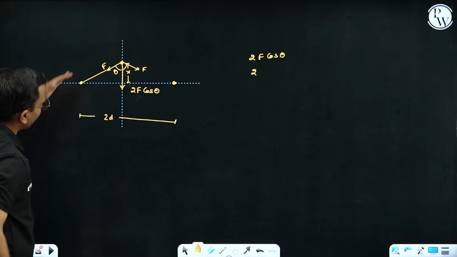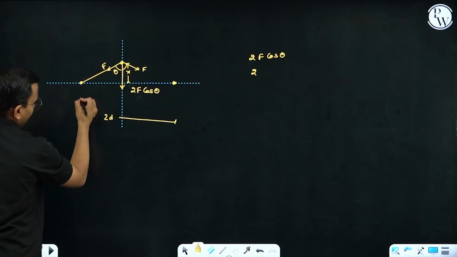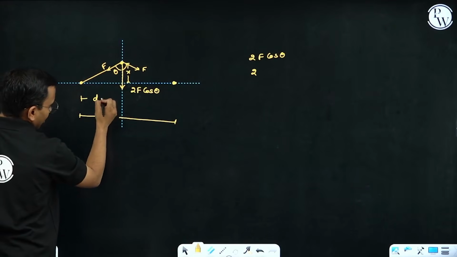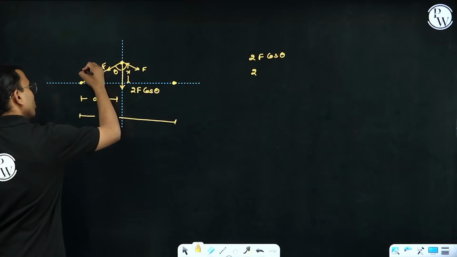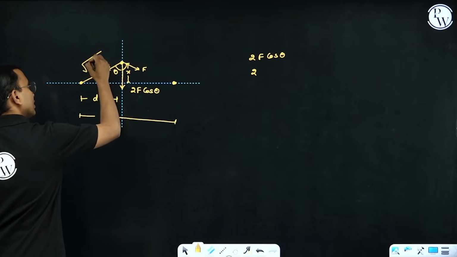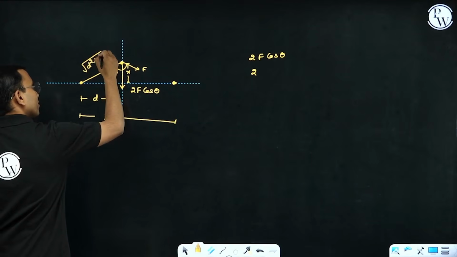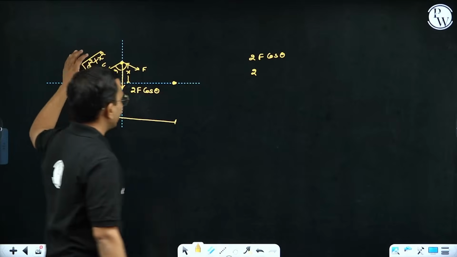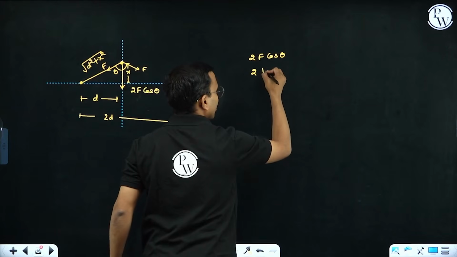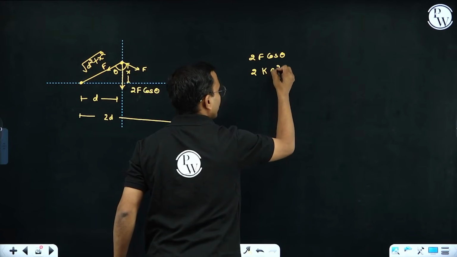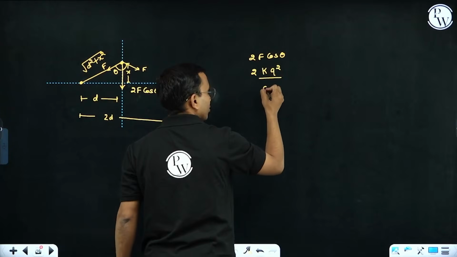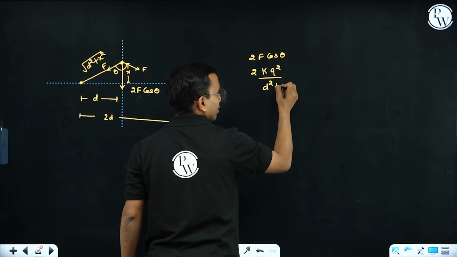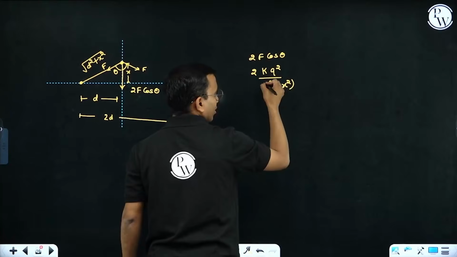This is d, half of this is d, this is x, this is a right angle triangle, so the hypotenuse is root of d square plus x square. So k q1 q2, so q square divided by the distance square, that is d square plus x square, into cos theta.